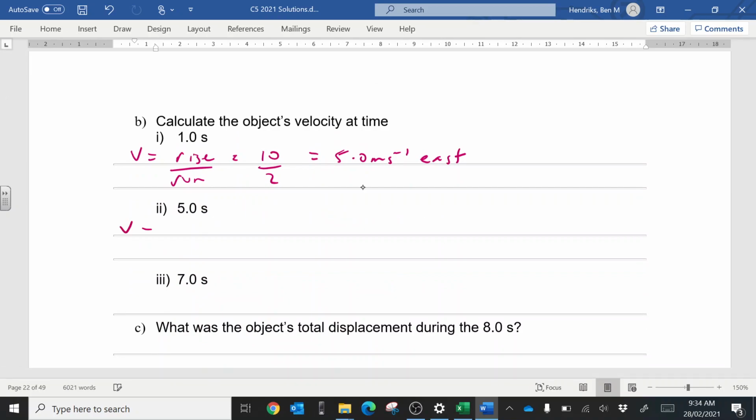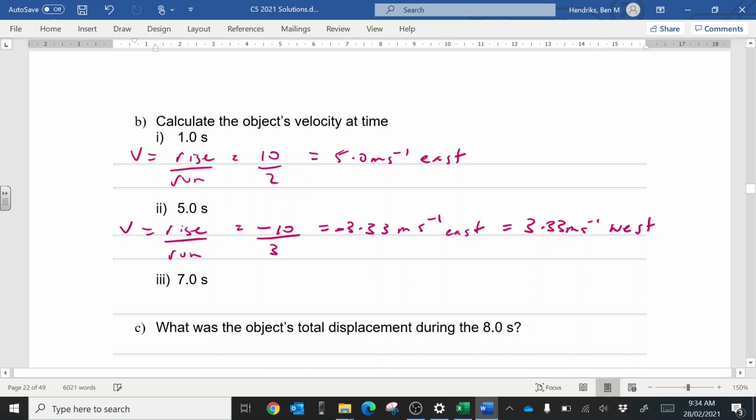So v equals rise over run, which is equal to -10 this time, because it's going from positive 10 to 0, over 3. That is equal to -3.33 meters per second east, which is equal to a positive 3.33 meters per second west. Negative east equals positive west.